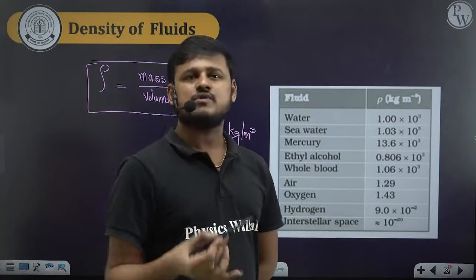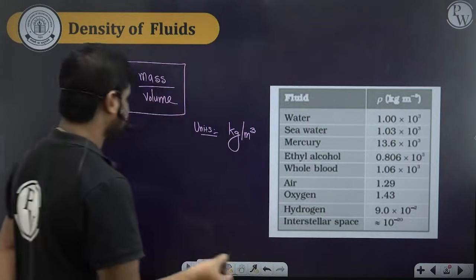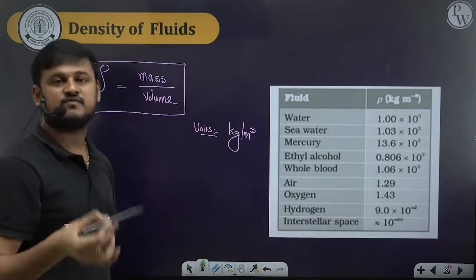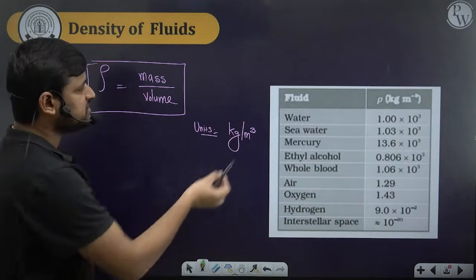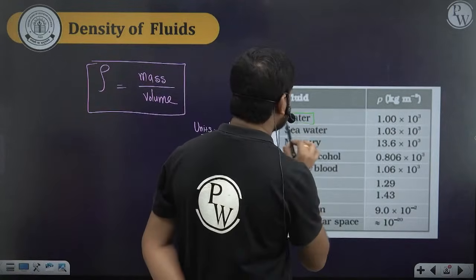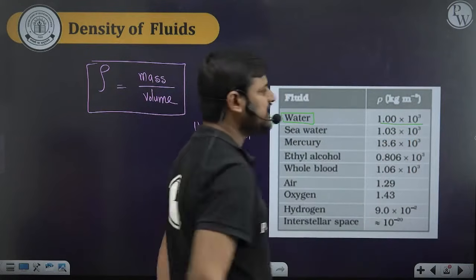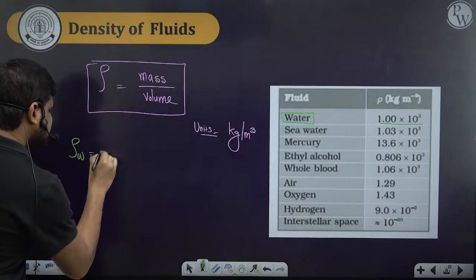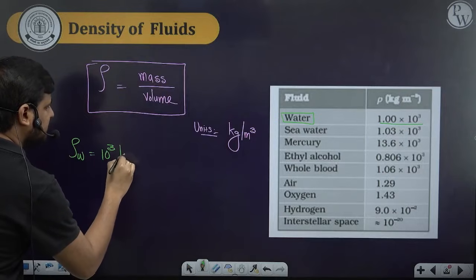In our upcoming classes, we should remember some values of the density to solve the questions. Especially the water density, which is 1 into 10 to the power 3 kg per meter cube. You should remember this value. The density of mercury is 13.6 into 10 to the power 3 kg per meter cube.